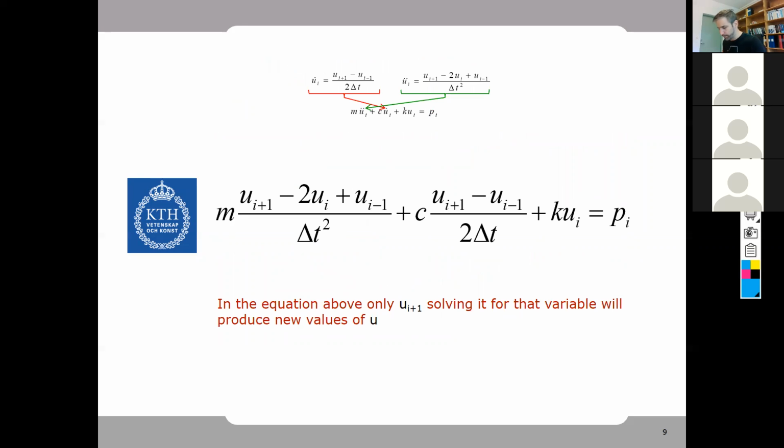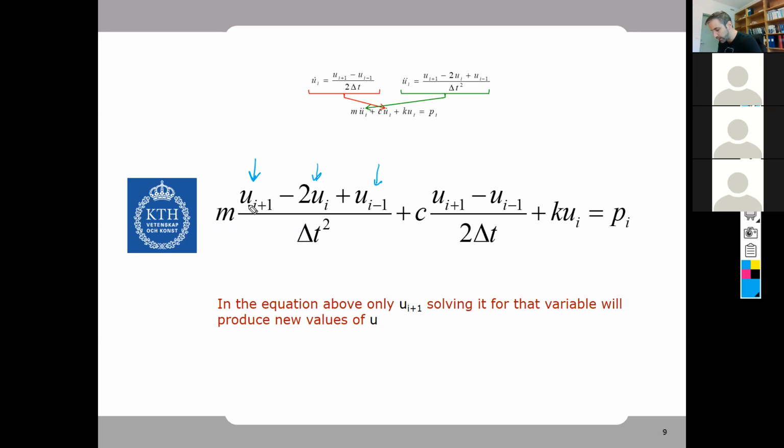If you have been paying attention, then you might have discovered a problem. And that is that the calculation requires two previous values. In order to calculate this value, we need the previous value, but also the one before that, right?